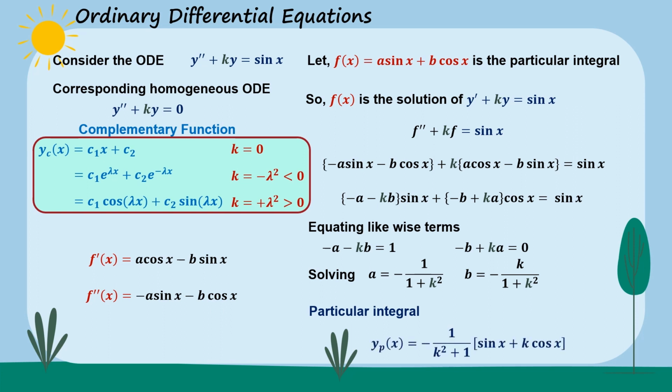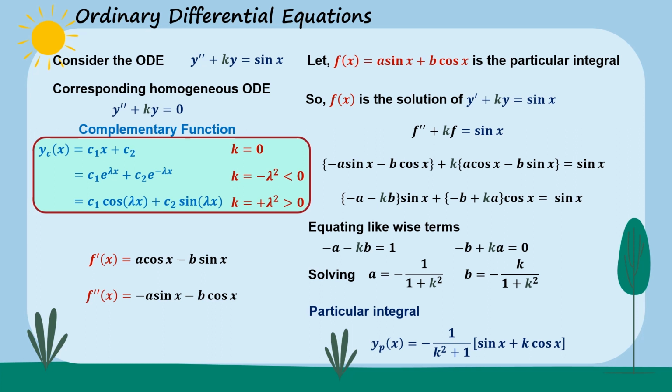So we'll get our particular integral yp equal to minus 1 by (k square plus 1) times (k sin x plus cos x). If I differentiate, yp dash plus k yp will obviously give sin x. So we get the complementary function, and we get the so-called particular integral. Adding them together, we get the general solution, and that's it.